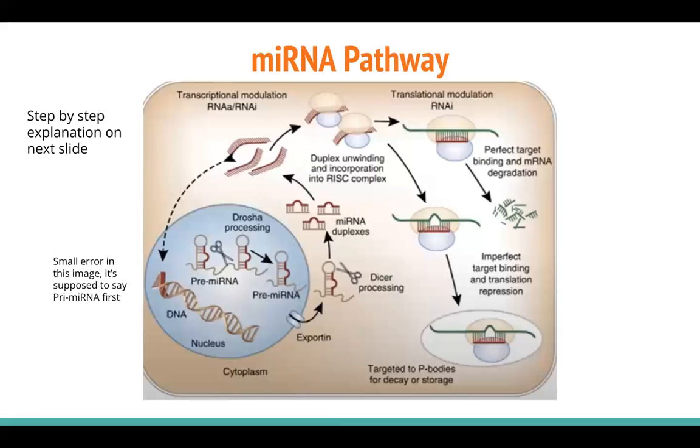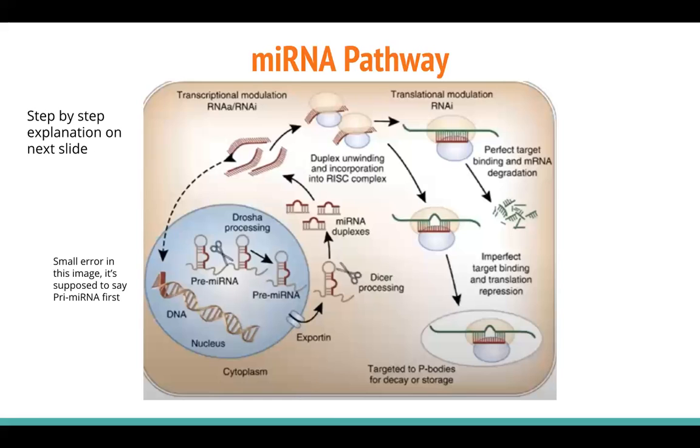That mRNA has its own nucleotide sequence. In these miRNA duplexes, one strand has the exact sequence, and the other strand has the complementary, opposite sequence. What Argonaute is going to do is unwind the double-stranded RNA.